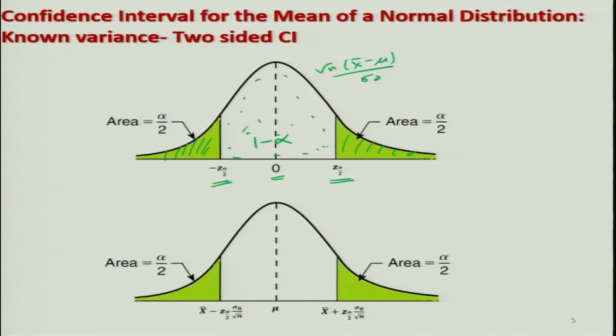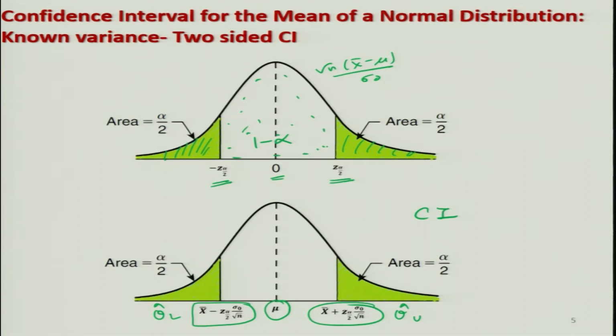Right. And when you are trying to find out the confidence interval, then it will look like this, that mu here is here and on the left hand side of the mu we have here the value of theta hat L and on the right hand side of the mu we have theta hat u, right, which are given by x bar plus minus z alpha by 2 sigma 0 upon root n.